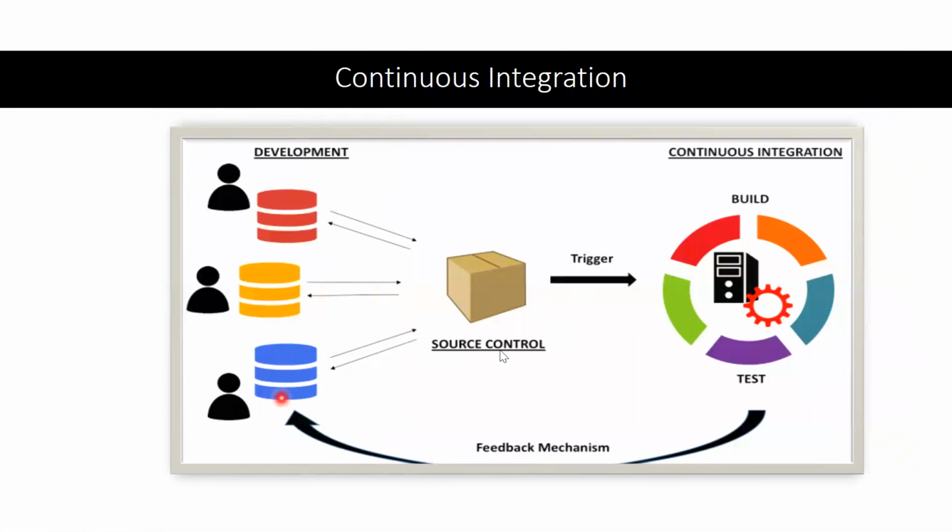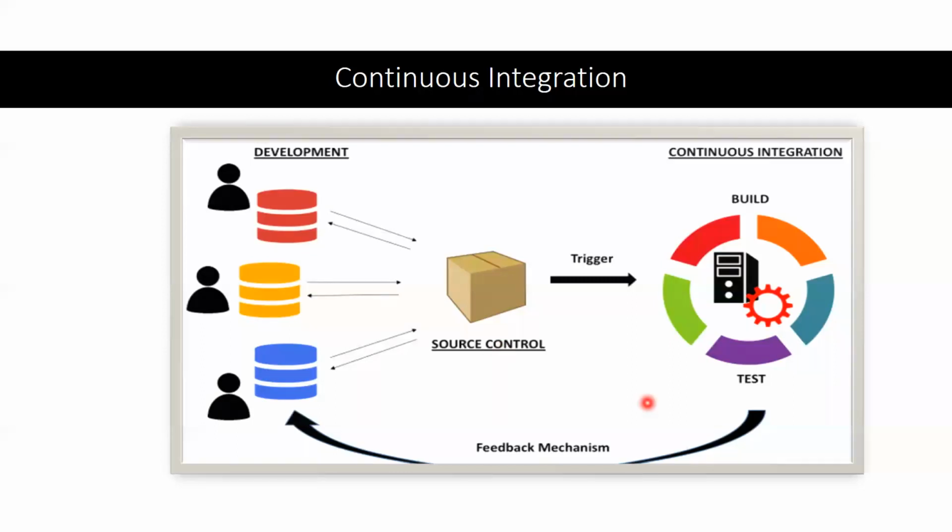This is called continuous integration. The most popular tools are TeamCity and Jenkins. TeamCity is mostly used for .NET developers, and Jenkins is used in general, for Java or PHP developers.